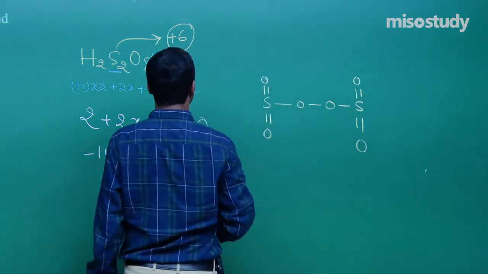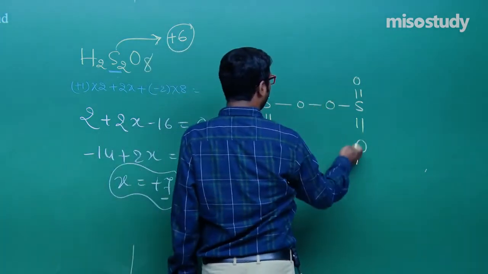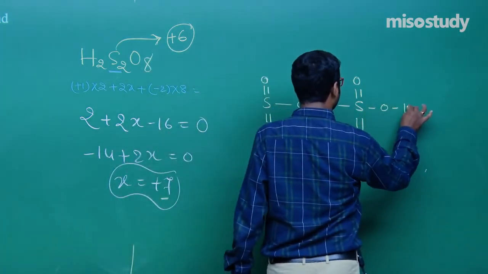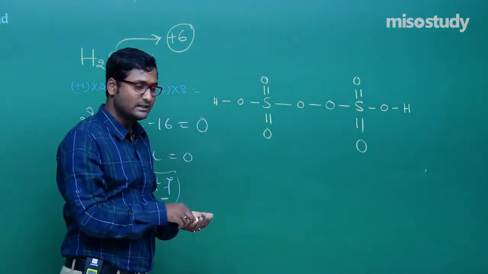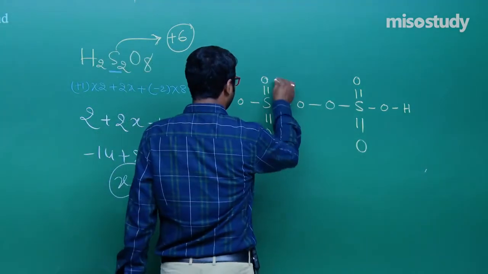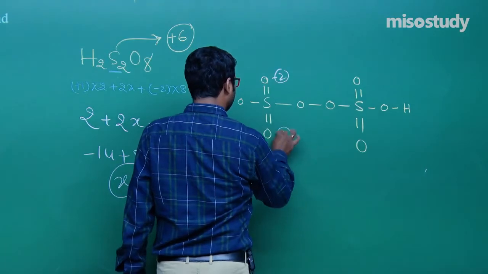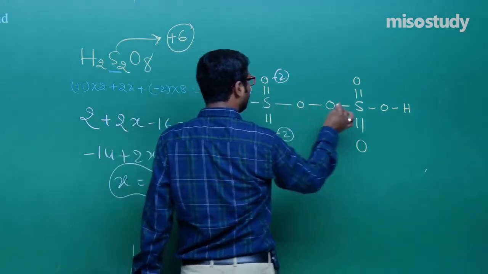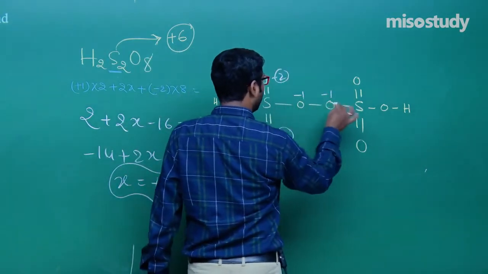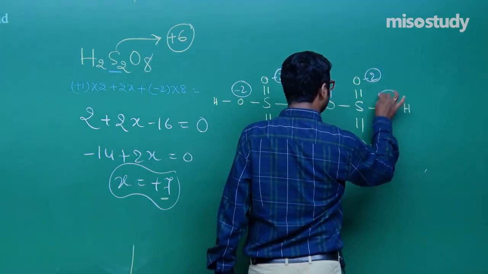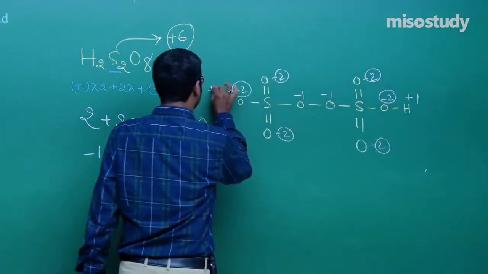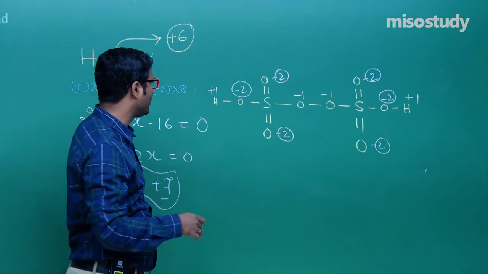Involvement of H2S2O8: that is O, that is H. Check out whether this is the structure or not. Minus 2, minus 2, minus 2, minus 1, minus 1, minus 2, then minus 2, then minus 2, plus 1 and plus 1. Check out whether we are correct or wrong.